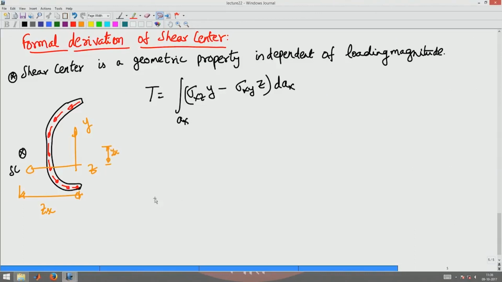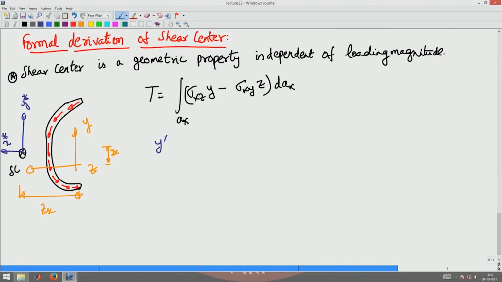So now I have to compute the torsional moment about T star, or let me define a star coordinate system here, y star, z star.